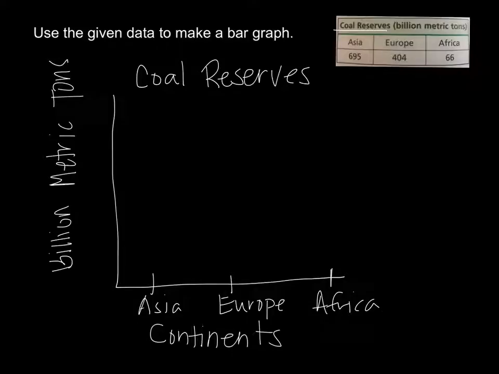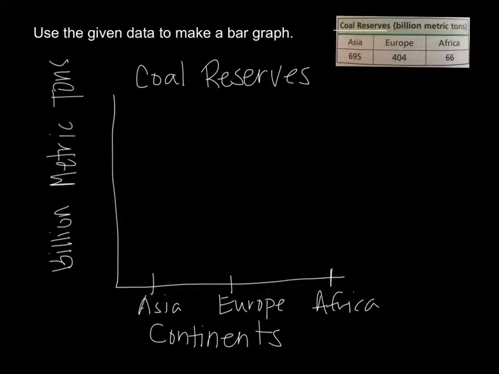Okay, and then along the sides, I have to figure out what I'm going to go up by. What is going to be my interval that I'm going to use? So I have to have one that's 66. That's pretty little. Then I have to go all the way up to 695.